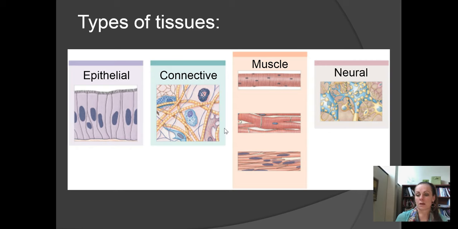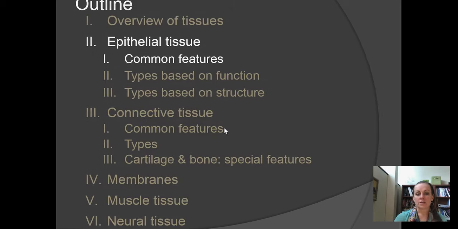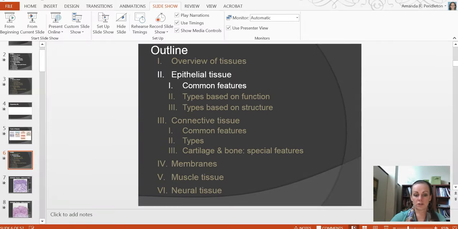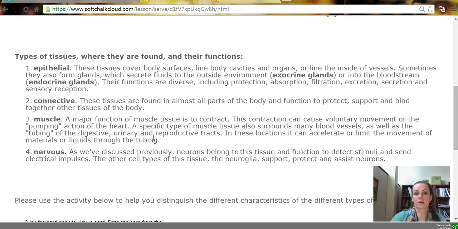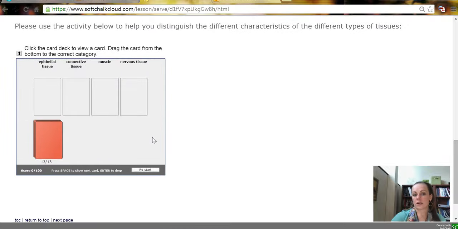Okay, so that is generally the 4 different types of tissues, where they're found and what their functions are. And here's an activity to start you thinking about what these connective tissue functions are.